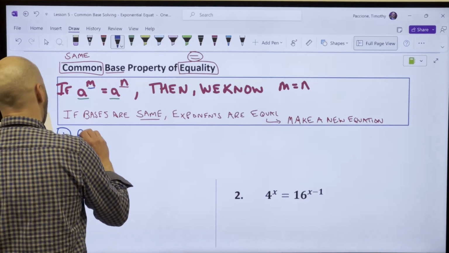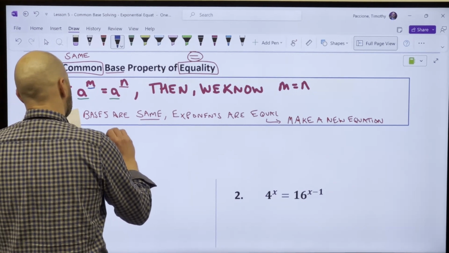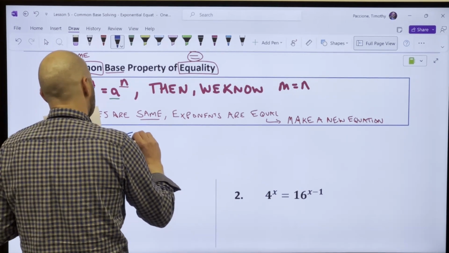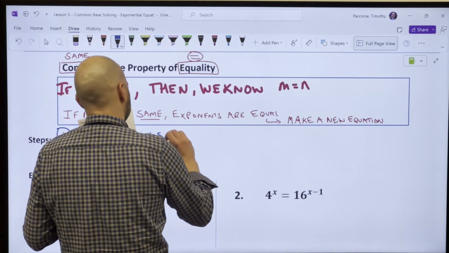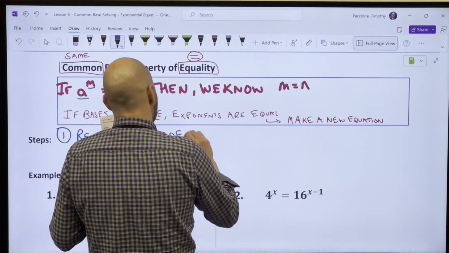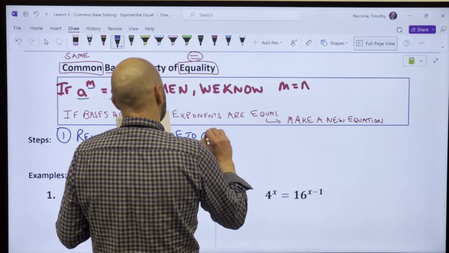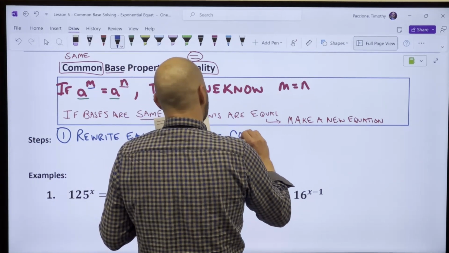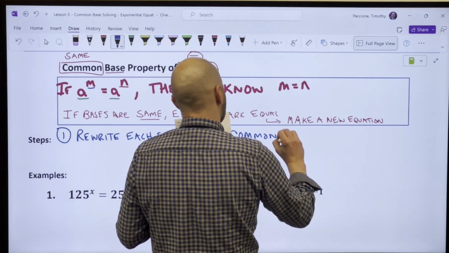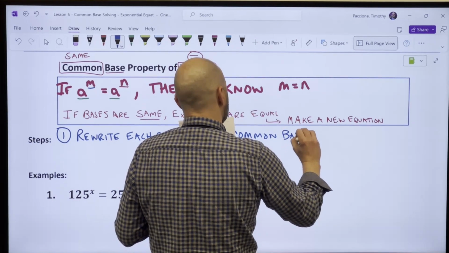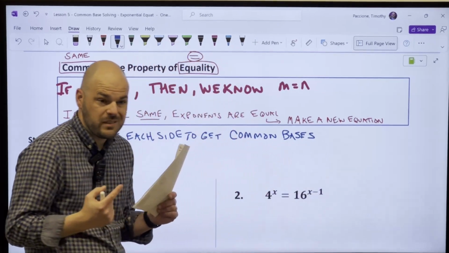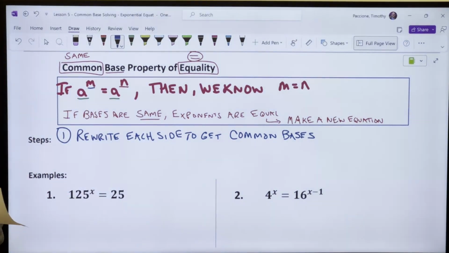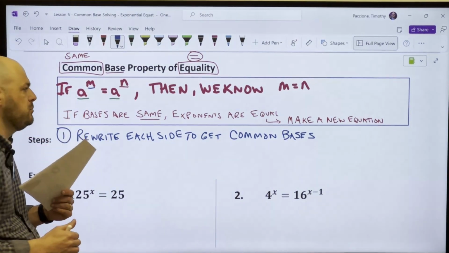So you need to rewrite each side to get common bases, or the same base. The problems up above were almost done, but you're going to have a little bit more work to do.